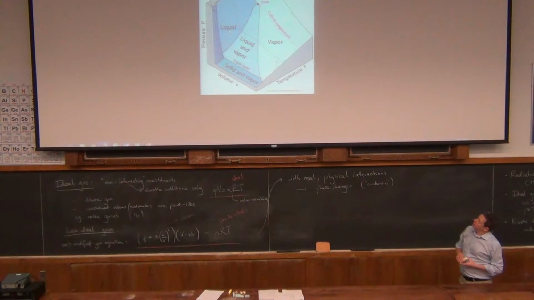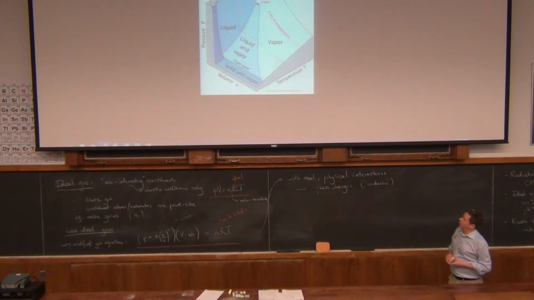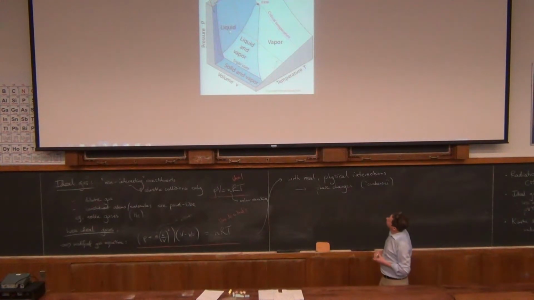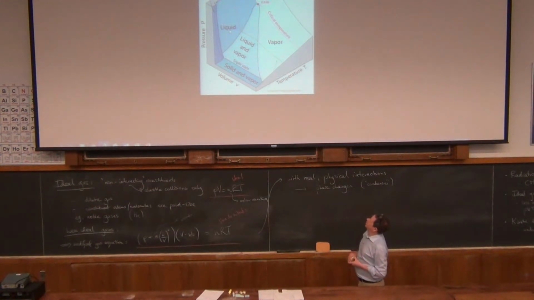This looks pretty complicated, and in general it will be complicated for most materials. But what you can generically see is, first off, pressure on the vertical axis on the left, volume on the horizontal axis in that left corner, and then temperature going off in the third orthogonal direction.